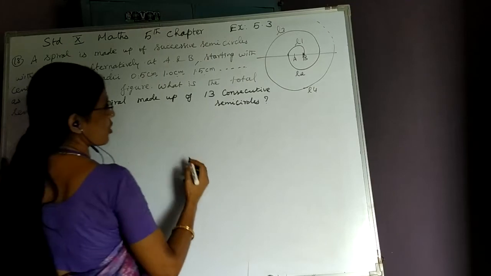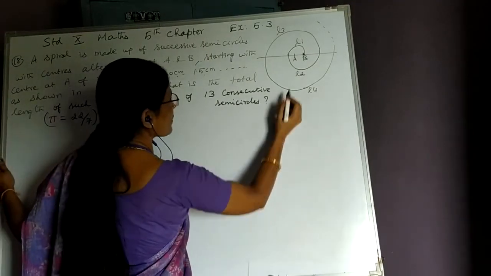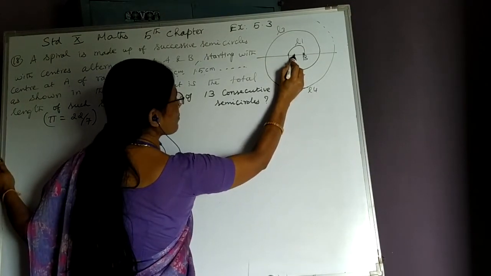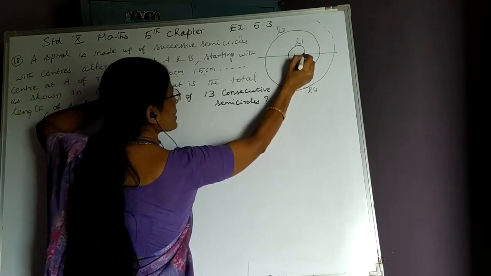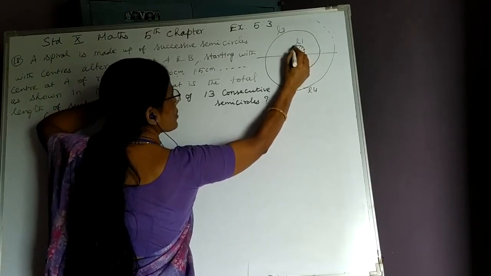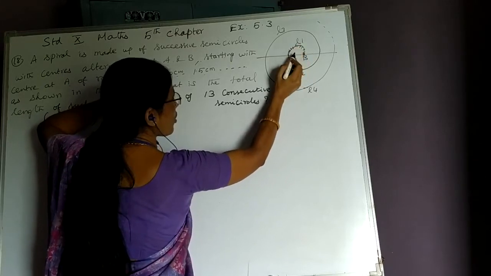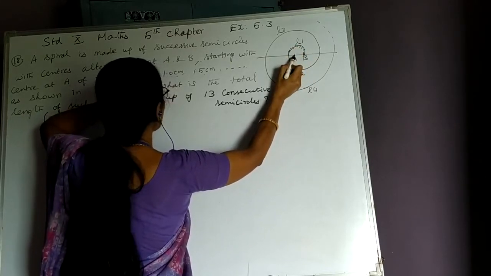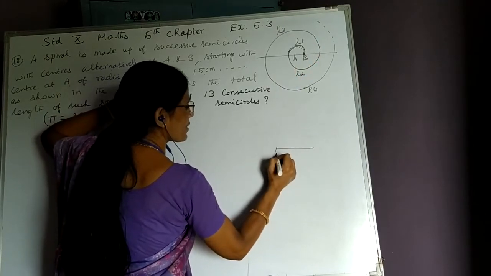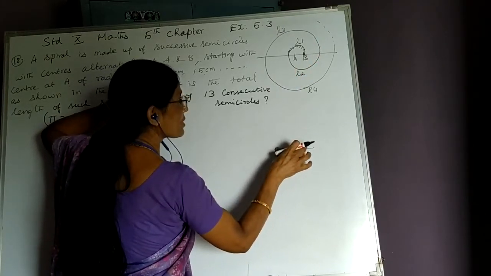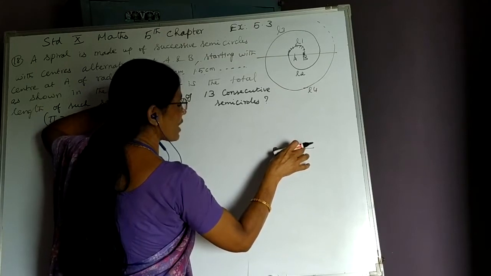The figure is drawn. The figure says that first with center A of radius 0.5 centimeter, a semicircle is drawn. So, this is the semicircle drawn with center A and the radius is what? The radius is 0.5 centimeter.